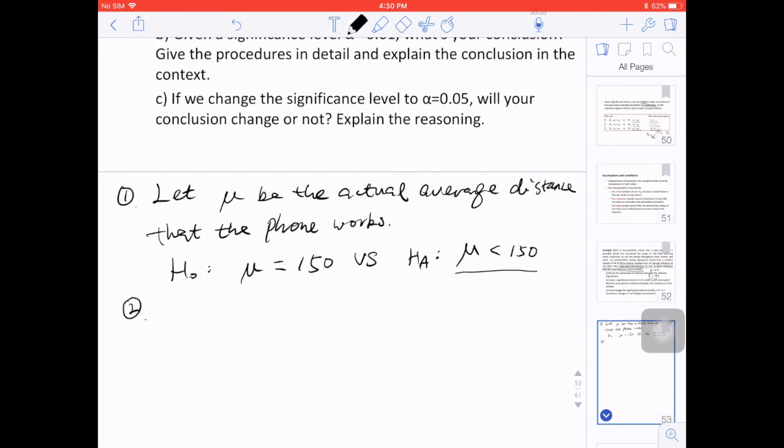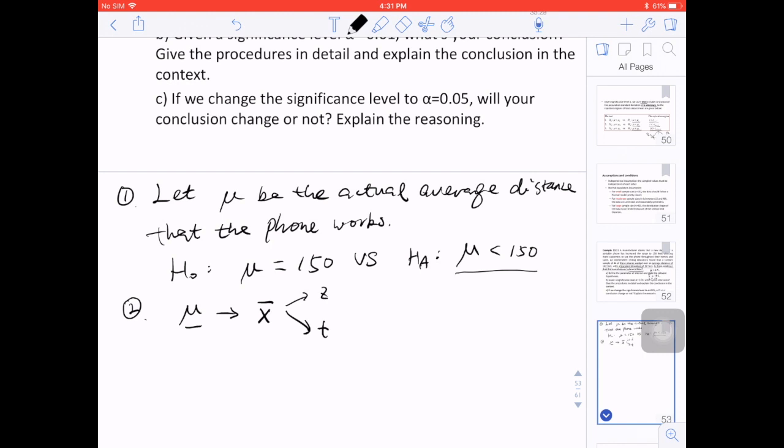So the second step is to find the test statistic, right? Because the population parameter of interest is mu, we can use its corresponding point estimator, x bar, to construct my test statistic. Okay, so x bar can be converted to z or t in our course.